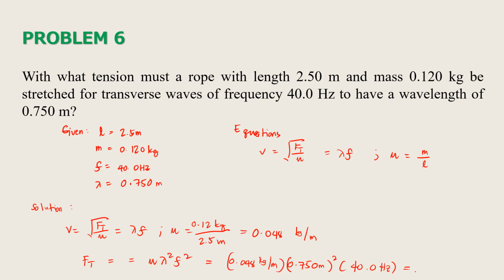So the tension is equal to 43.2. The unit is kilogram meter per second squared, which is equivalent to newton. So 43.2 newtons is the tension.